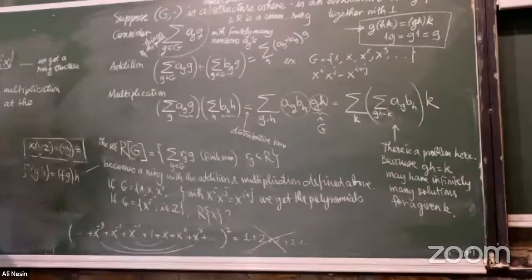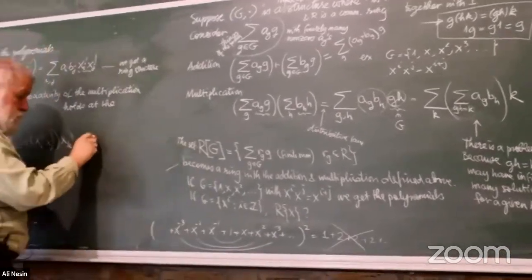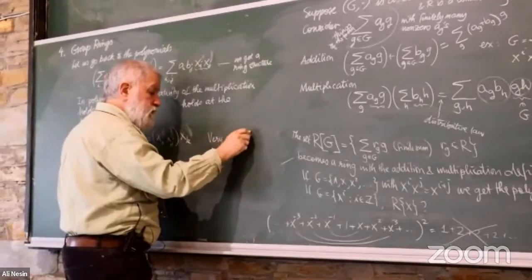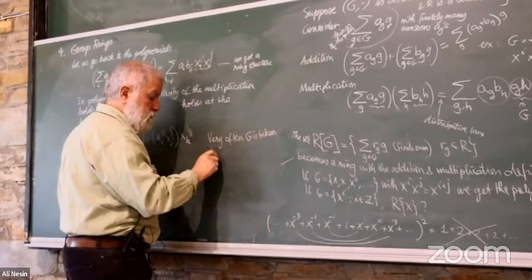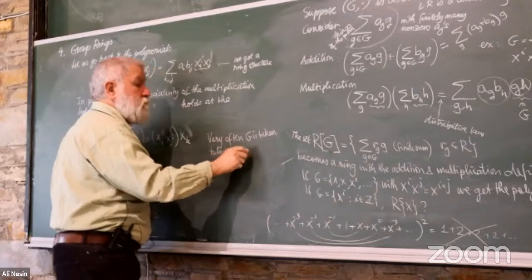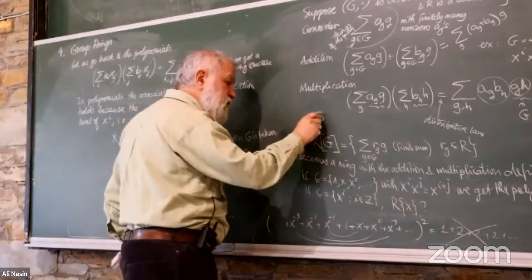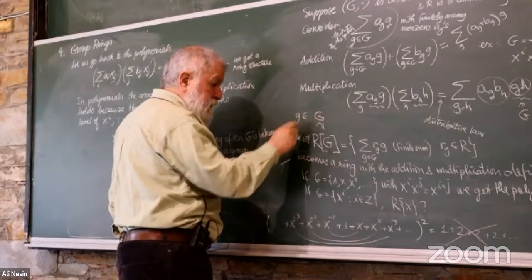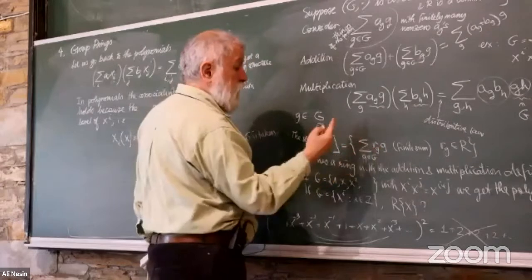Very often, we take G to be a group. Of course, you may regard G as a subset of this, because an element of G is also something like this: take all the coefficients to be 0, except the coefficient of g to be 1.